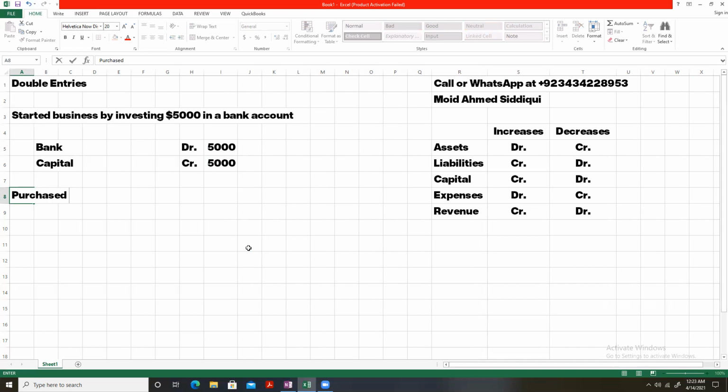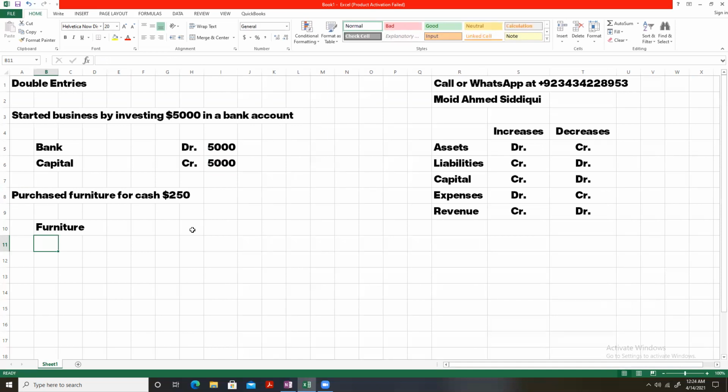Now, purchased furniture for cash, $250. In this transaction, furniture is an asset that is being purchased. So we will debit the furniture account.